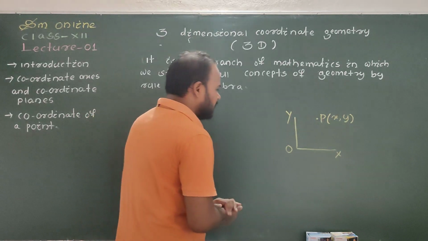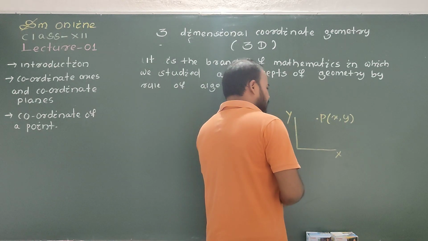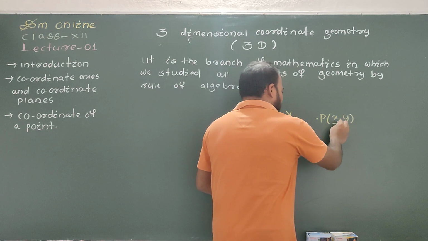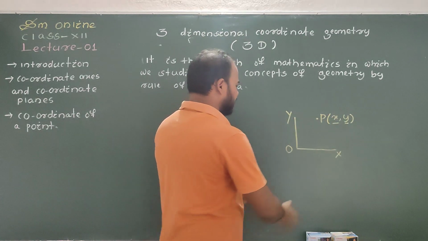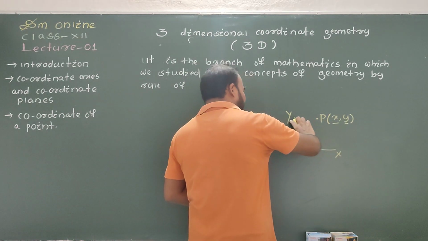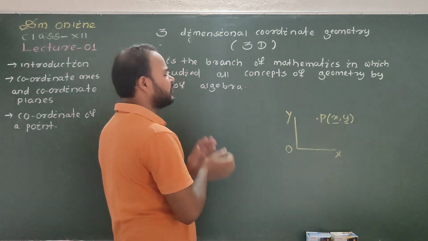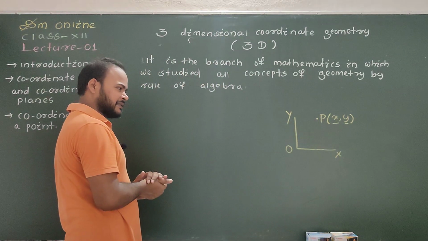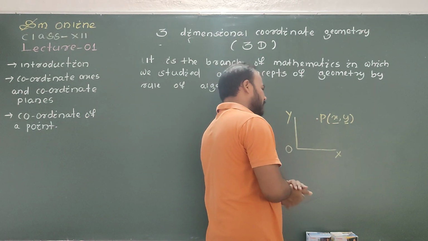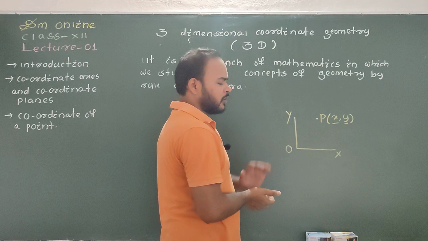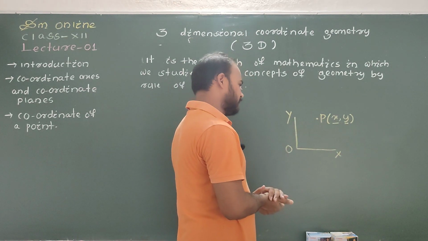The position of point P can be determined if we know the coordinates of point P with reference to the x axis and y axis, and this x axis and y axis are two mutually perpendicular axes.